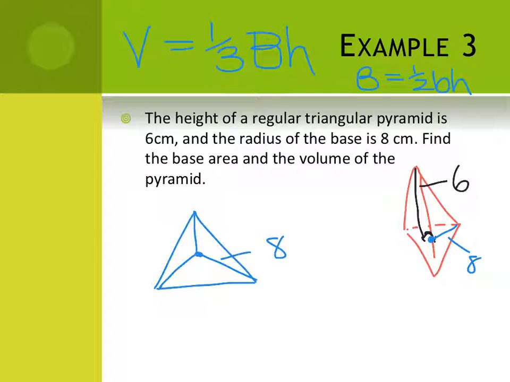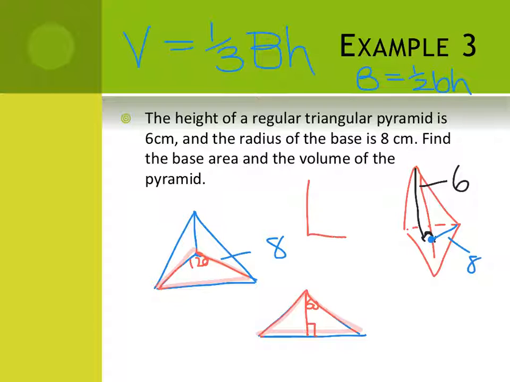This one I'm going to highlight, so I'm taking this thing out. So here, I am going to draw in the altitude. And this is 120, so now the 60 is up here.